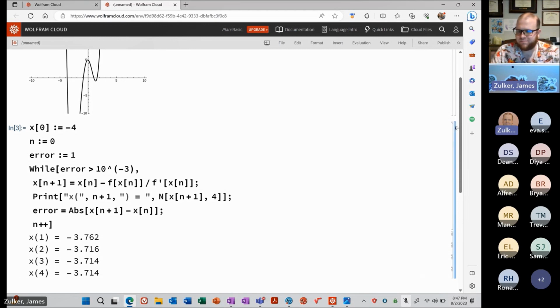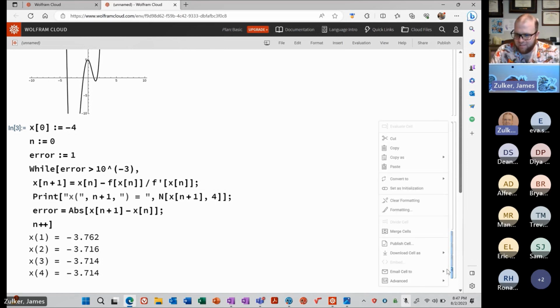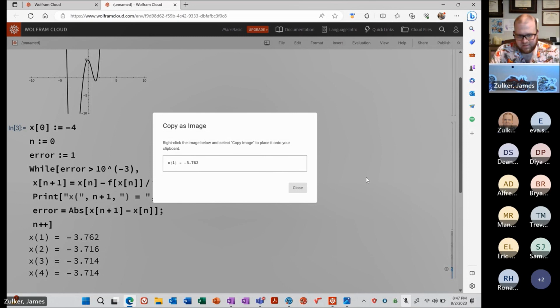So the problem is it takes each of these as a different cell. I don't think it will let me select multiples, yeah, it's only going to do one of them at a time.